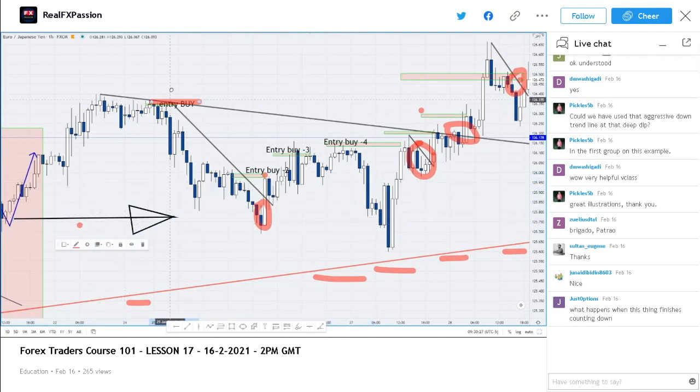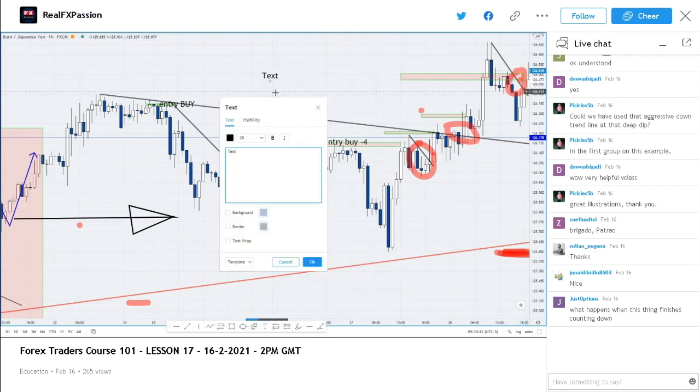First buy up to here. I need to move my stop loss for entry 2 up to here, for entry 3 up to here, and for entry number 4 up to here. So this is a trading concept, a stop loss concept.